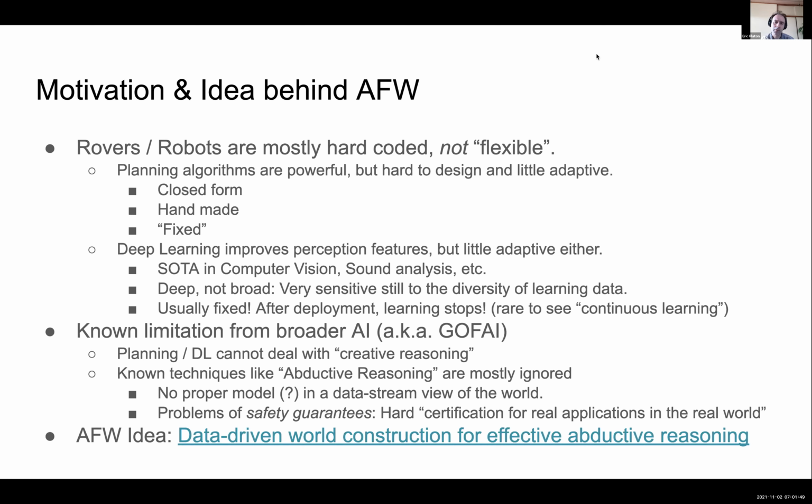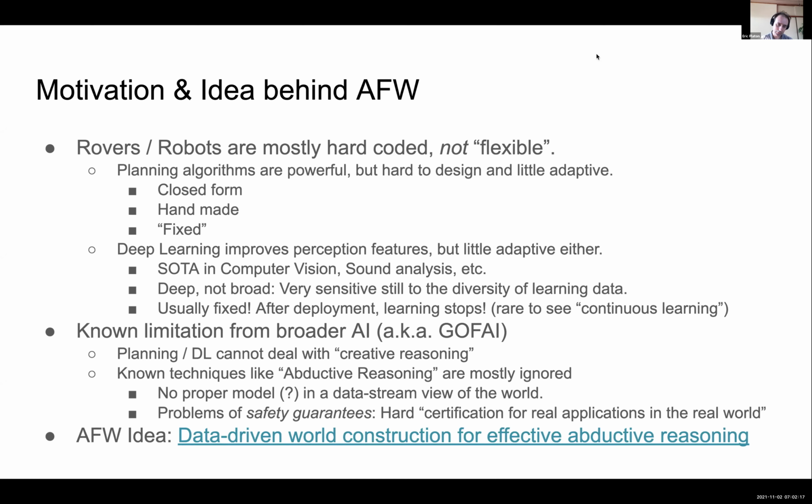But the thing is that they have some limitations, at different levels. And the limitations are one thing, but there is something else also, which is that they are closed forms. Closed forms means here they won't change. They are handmade, designed by very clever engineers.